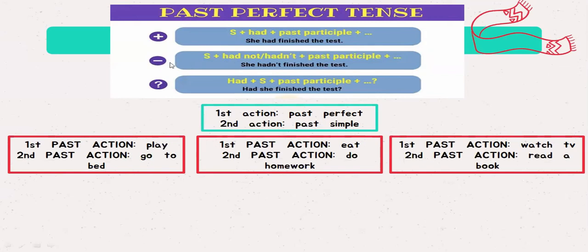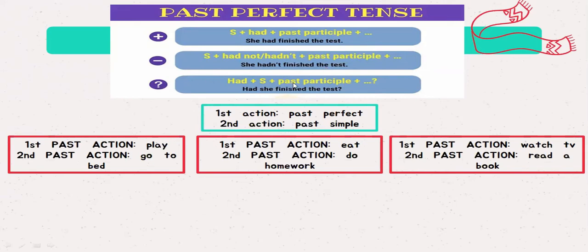And the negative, we use also the subject, the negative form hadn't or had not, but hadn't is a contraction and it is mostly used, then the verb in past participle and a complement. So here we have the subject is she, the auxiliary hadn't, the past participle finished, and the complement the test.